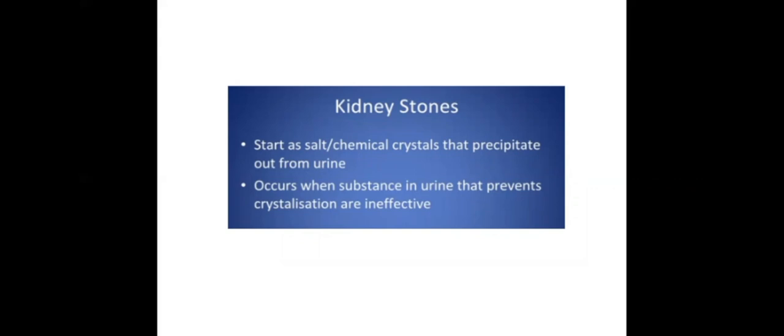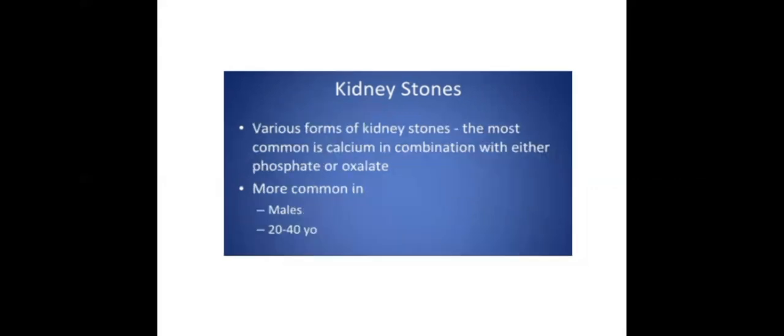That is going to block the passage, cause severe pain, and also infection and backflow of urine in the patient. Among the various forms of kidney stones, the most common is calcium in combination with either oxalate or phosphate, and this condition is more common in males as compared to females.